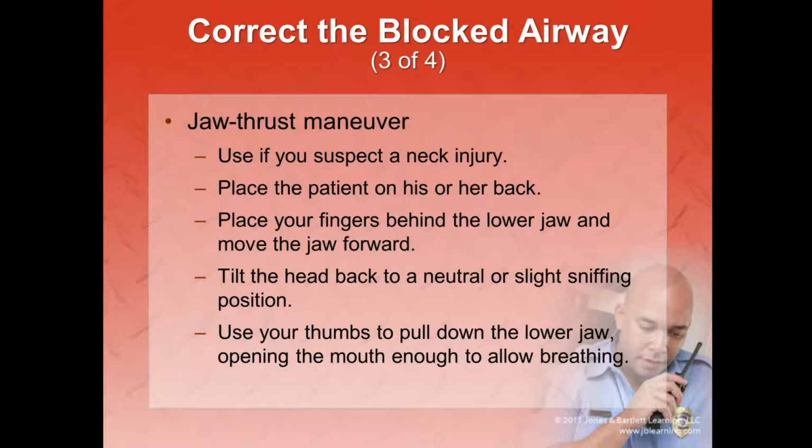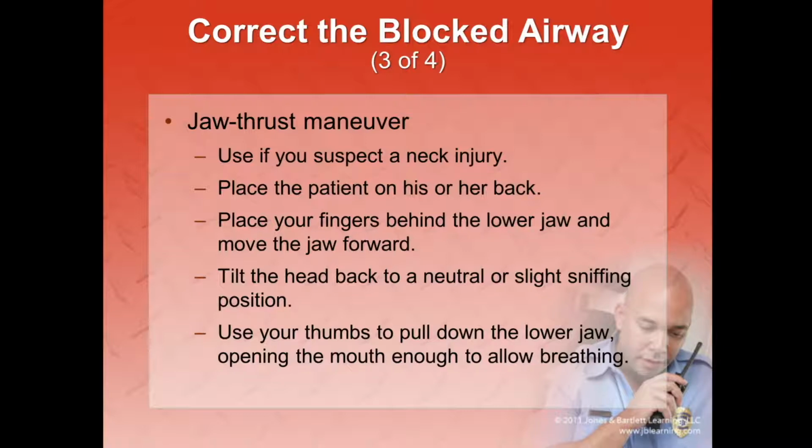Then you can move on to the jaw thrust maneuver. The jaw thrust maneuver is used if you suspect a neck injury or spinal cord injury. So we go to a traumatic call, car accidents, some sort of trauma to the head or neck area. We think that they have some sort of spinal cord injury, or we suspect that it is possible.